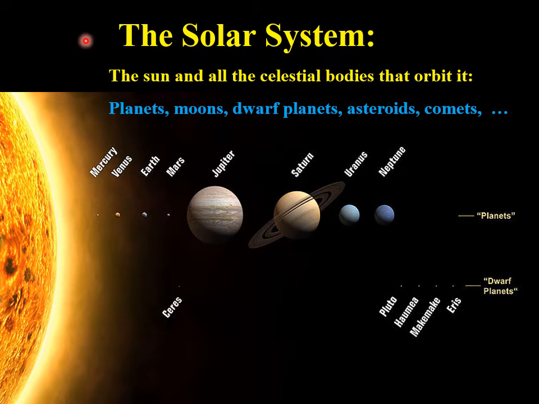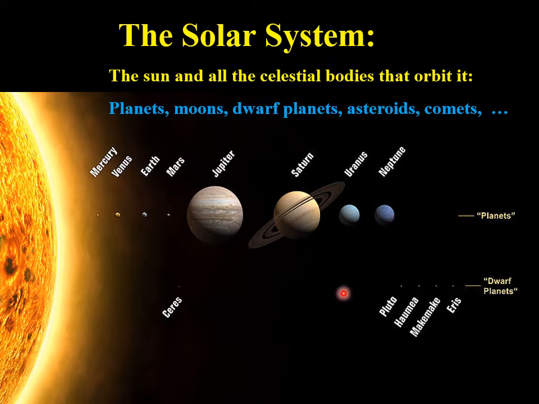So this picture here gives us sort of an overview of what we're going to be dealing with. Over here on the left is shown our sun, and then here are the 8 major planets of our solar system in order. Mercury is the smallest and also closest to the sun, followed by Venus. Here's our Earth, here's Mars, and here's Jupiter, the king of the planets, the largest one, Saturn, and then Uranus and Neptune.